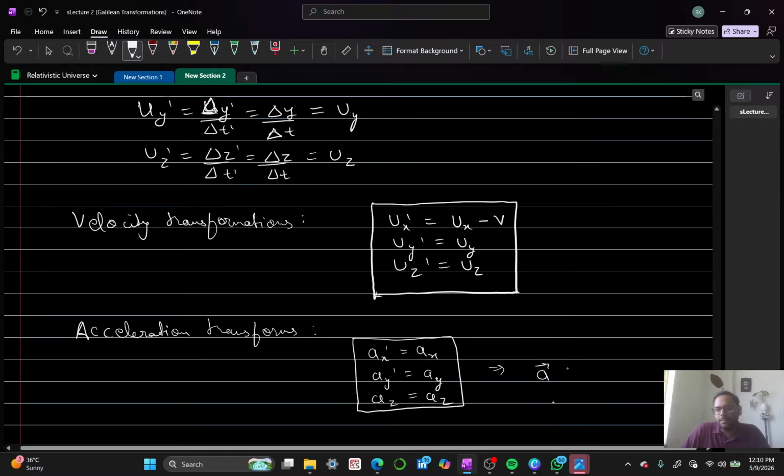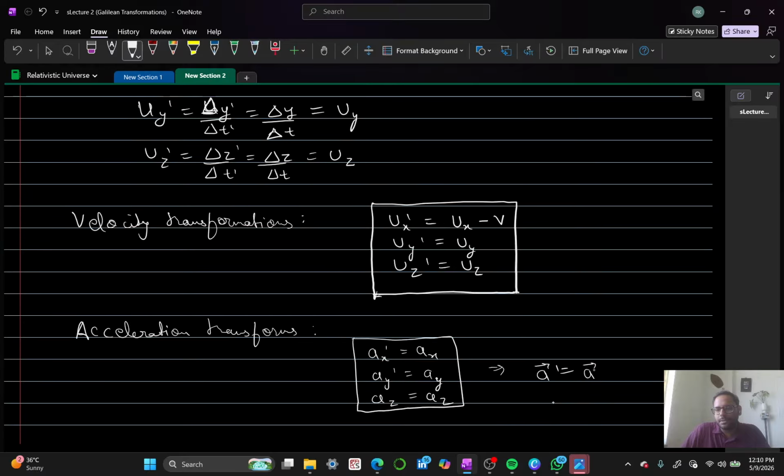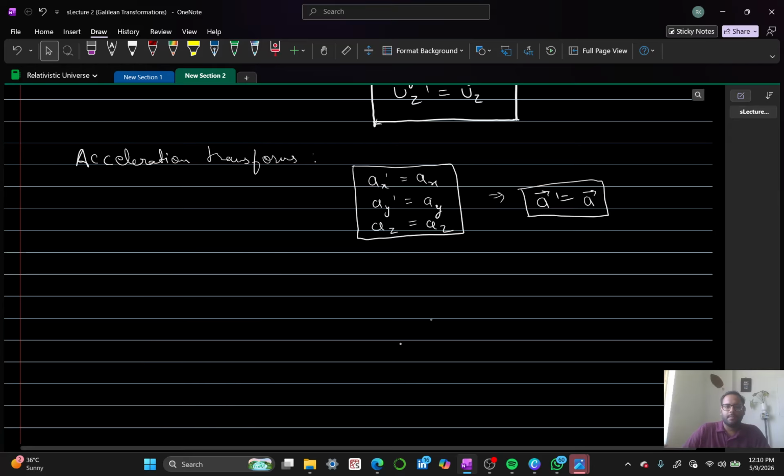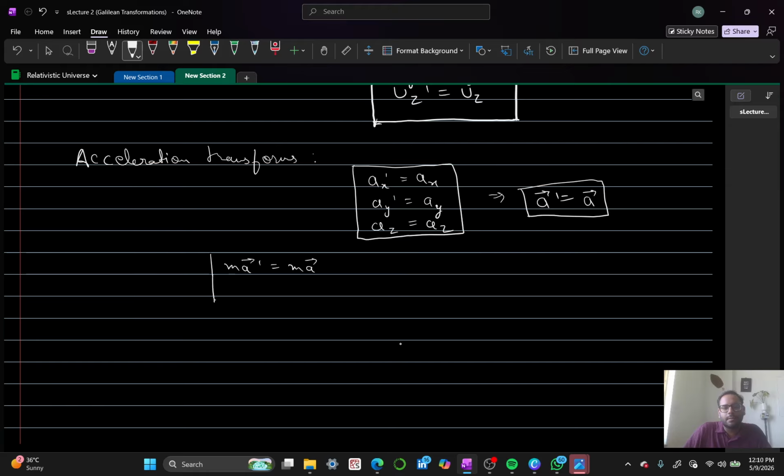This implies the A vector in the prime frame is equal to A. And when you multiply the mass on both sides, you see that F prime vector is F. So in both frames, your forces are equal. No change in force, no transformation in force equations.